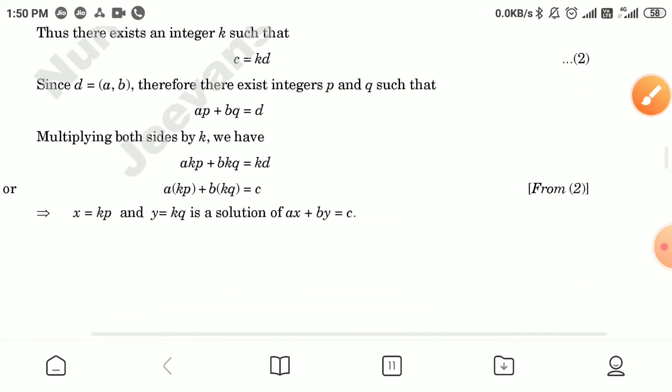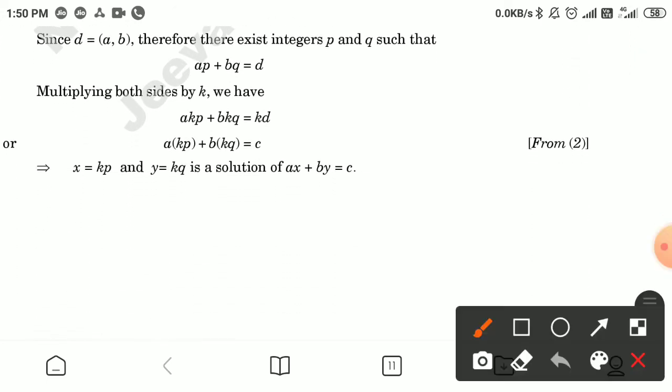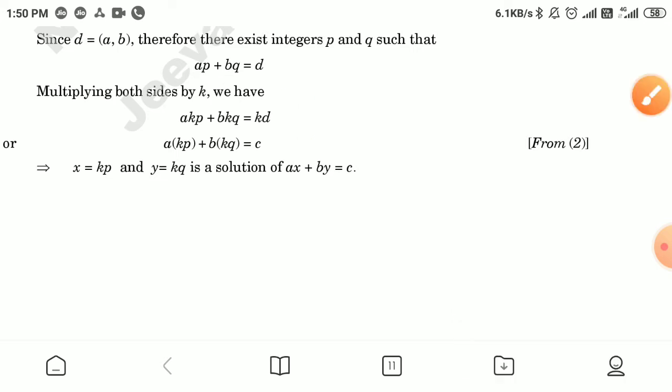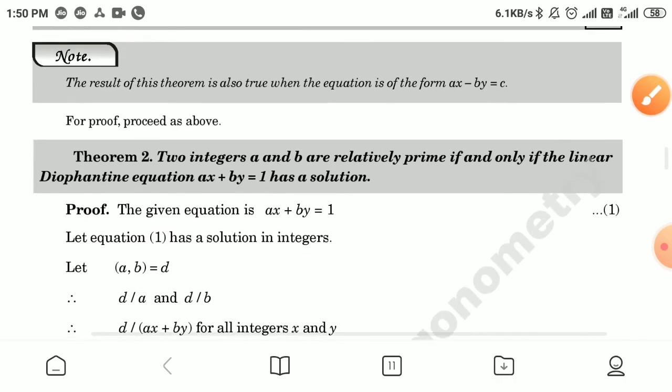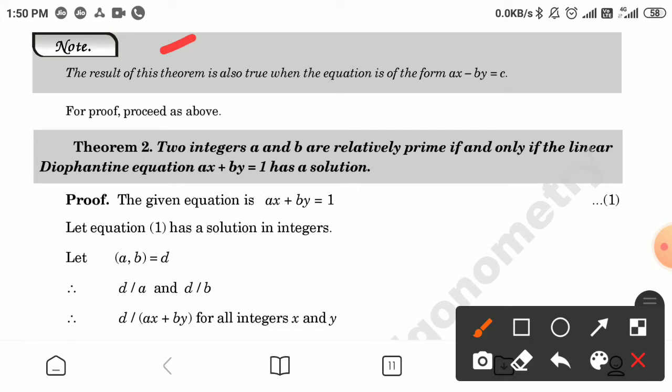Now, multiplying both sides by k, we have akp plus bkq equal to kd, or akp plus bkq equal to c from second. This implies x equal to kp and y equal to kq is a solution of ax plus by equal to c. Note: the result of this theorem is also true when the equation is of the form ax minus by equal to c. For the proof, proceed as above.